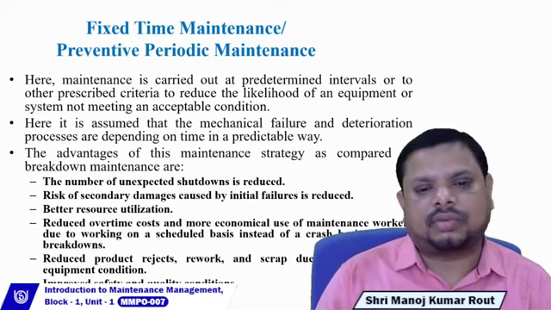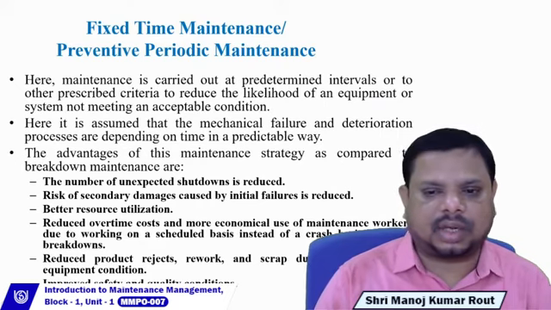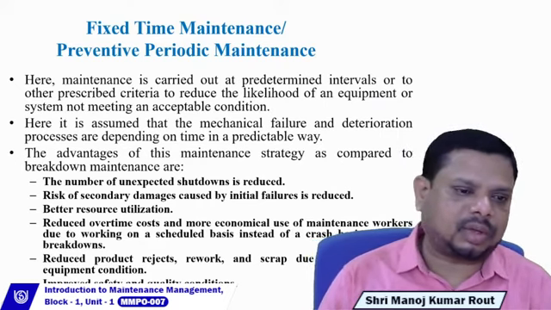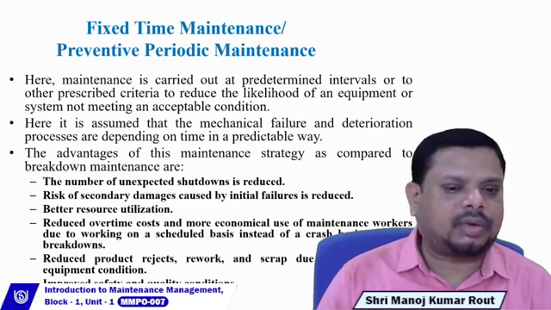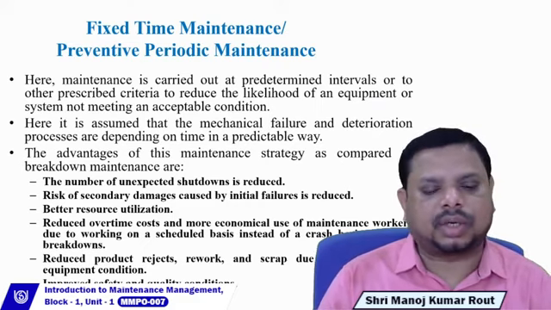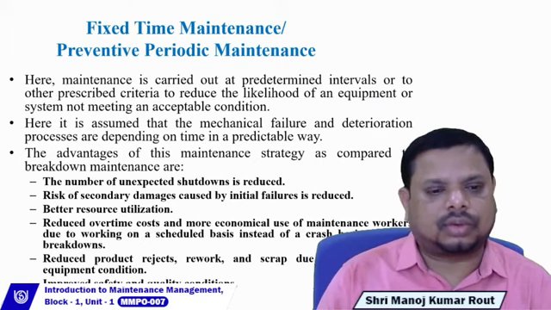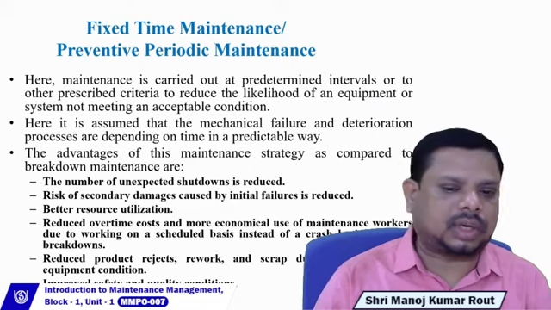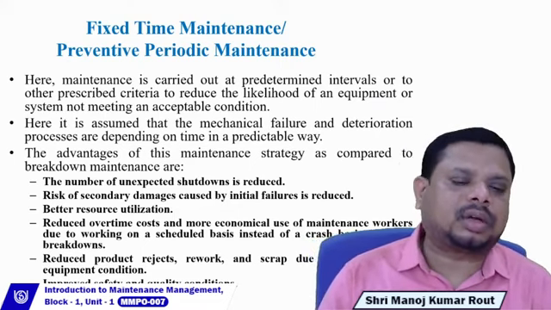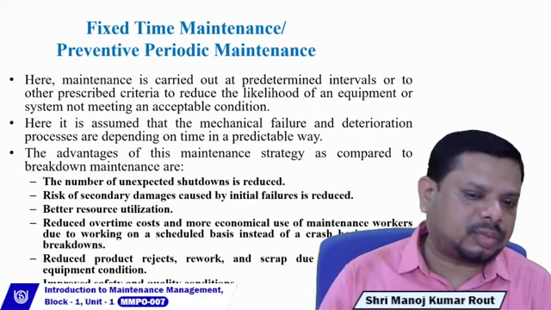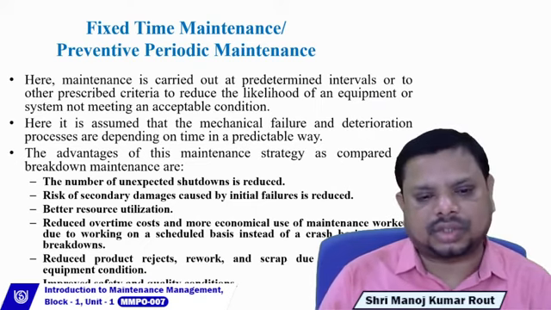So the advantages of the maintenance strategy implemented here, compared to breakdown maintenance: the first important part is that the number of unexpected shutdowns is reduced. Unexpected shutdown is not in the hands of people. It may be the failure of small components or of the systems.